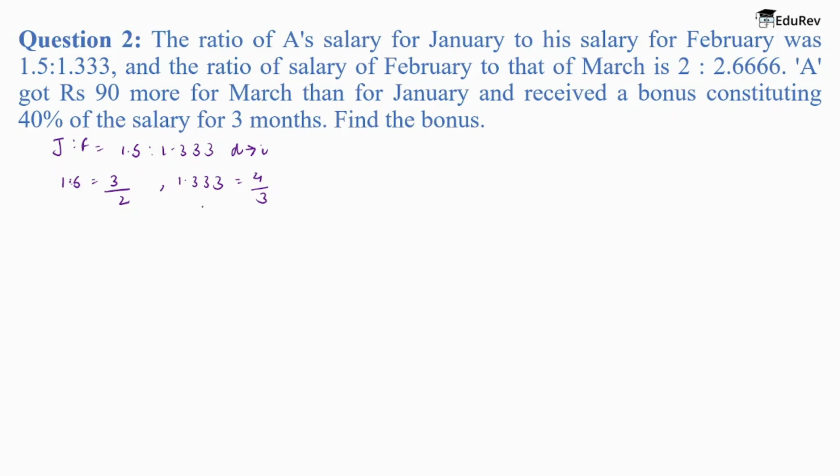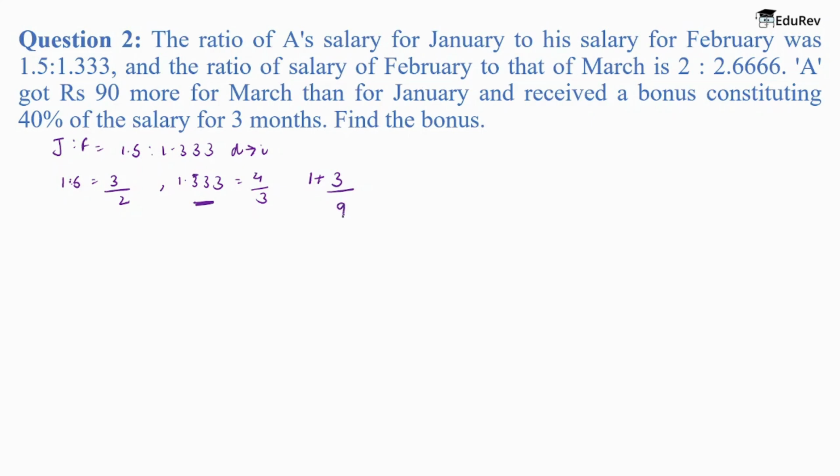Now how did I convert this recurring decimal to a fraction? We have already done it, like I have already said, that you must see the concept videos first. We have discussed it there. Now it is 1 plus 3 times it is repeating and it is only one digit that is occurring.